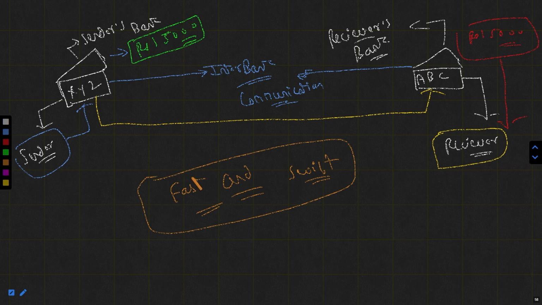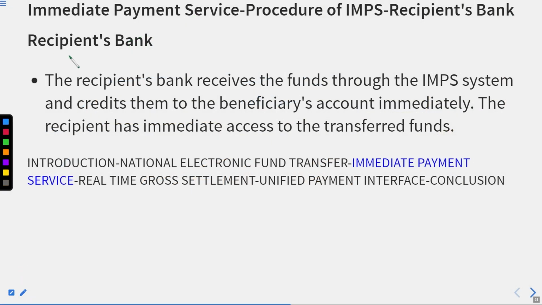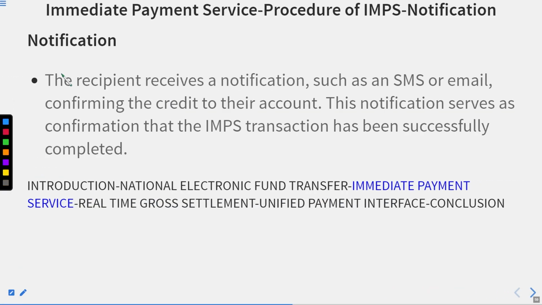Once the process is successful, the debit is done and the credit is also done. It's not like first the debit is done, then it takes some time, then the amount is credited into the receiver's bank. No, this process is done in some minutes, or you can say some seconds also. That's how the system works.